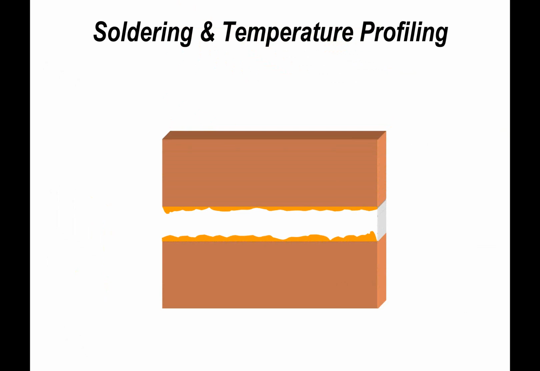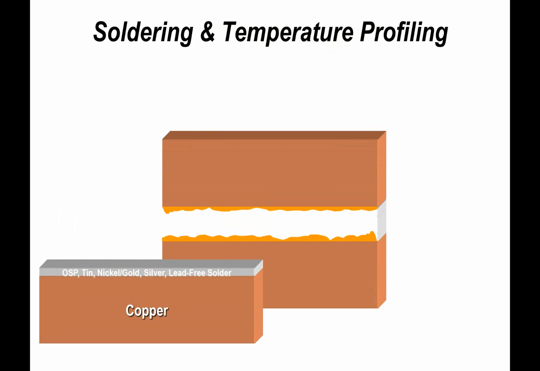Those are the two mediums that are joining together. On some occasions when we're soldering to nickel gold, it's tin nickel, because that's what we're actually soldering and forming the joint. And if we look at the surfaces, as I've mentioned earlier, there's a whole myriad of different surfaces that we might be soldering to.